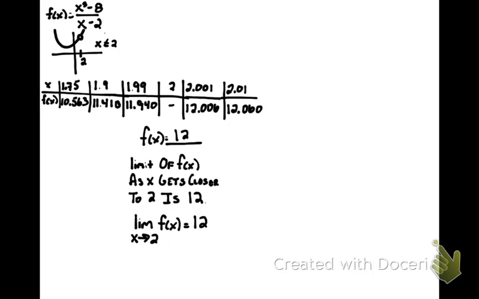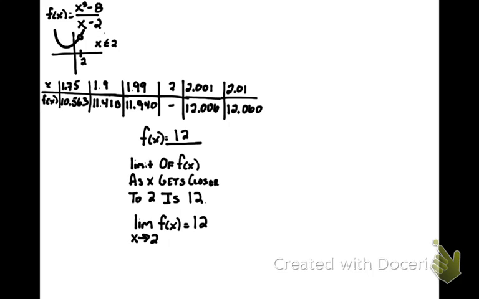Now, one thing that's important and that you should notice in this table is that in order for a limit to exist, the y values must be approaching the value from either the left or the right side. From either the left or right side, we should get closer and closer to 12.